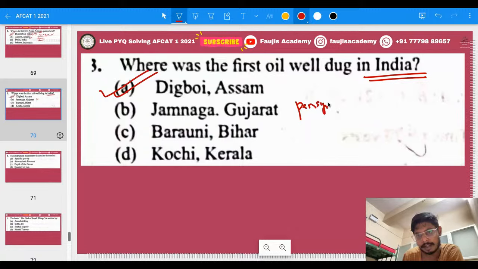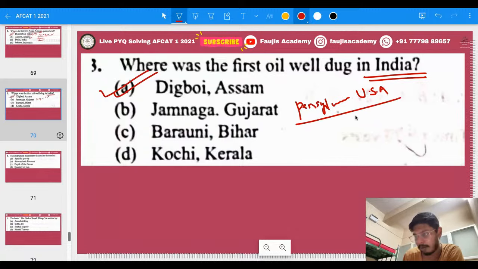It is in the USA, not was in the USA. It is in the United States of America. The engineer who was responsible for digging an oil well in the USA was brought to India as well.